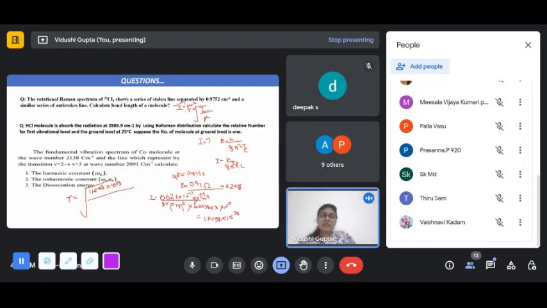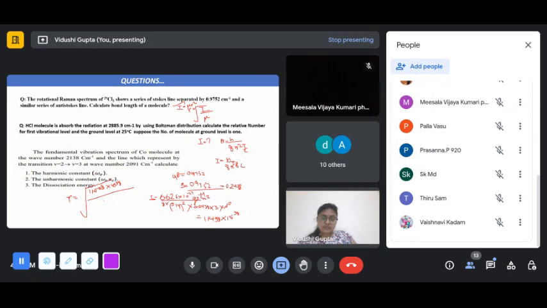But with the value of mu, the reduced mass, just calculate the reduced mass for Cl2.